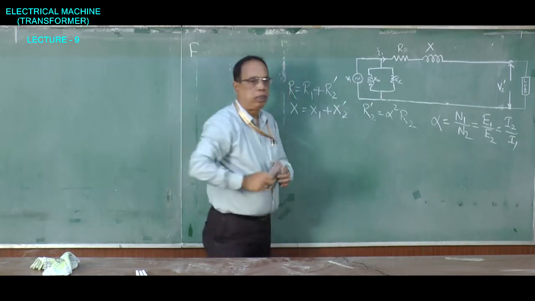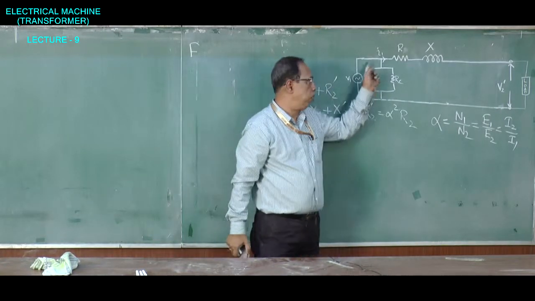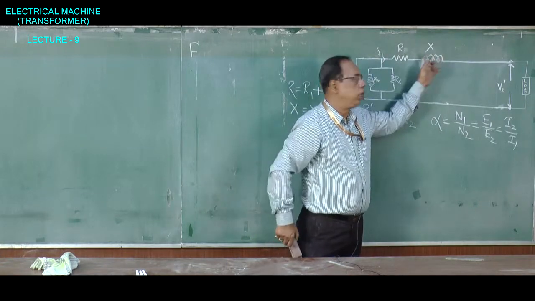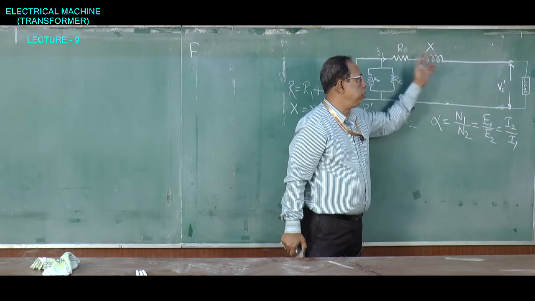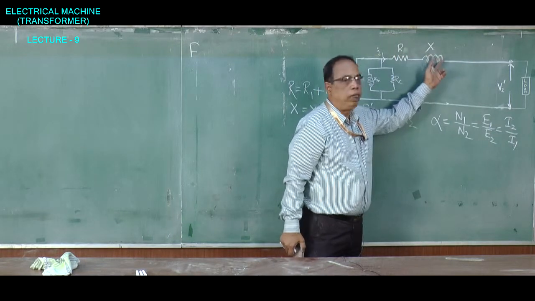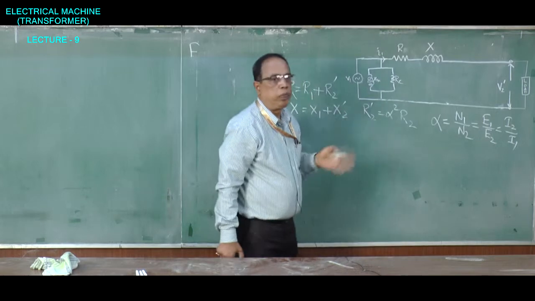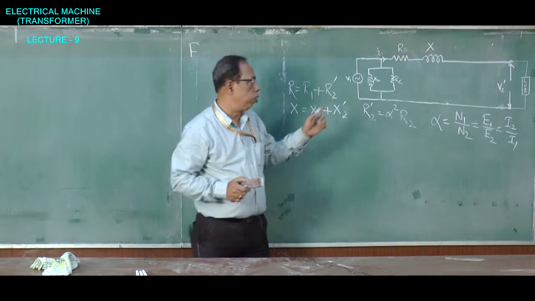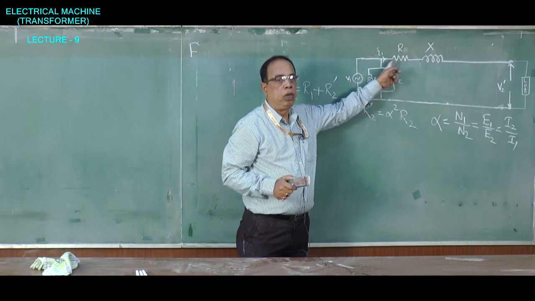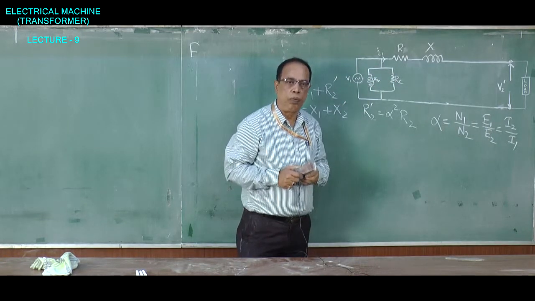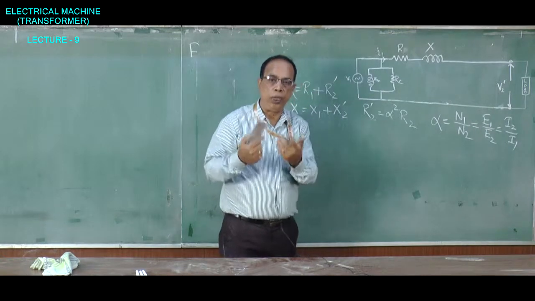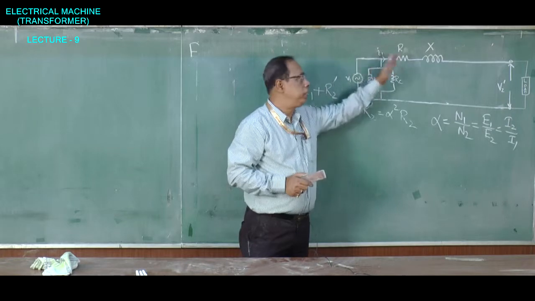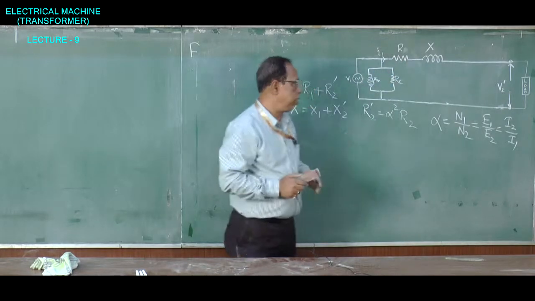So, it is just consisting of two branches. One is the shunt branch, another is the series branch, consisting of one resistance and one leakage reactance, which represents the whole leakage reactance of the transformer. This is the whole resistance of the transformer, referred to the primary. With reference to the primary, this is the resistance and leakage reactance.